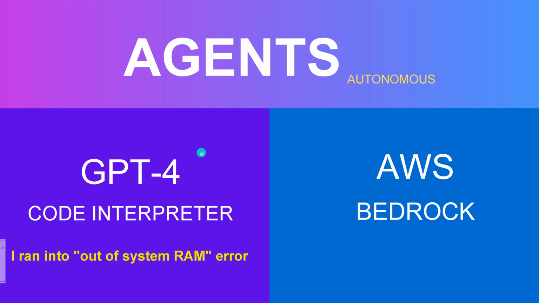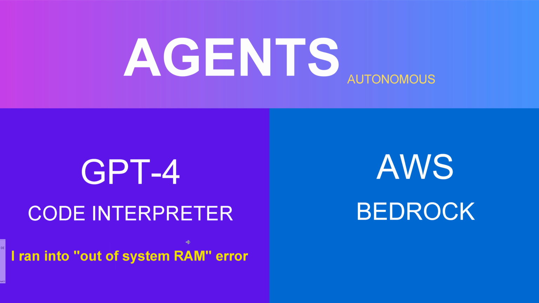So it is not that GPT-4 fails. It is not that the code interpreter fails. It generates the code. But the code execution, there's only, I don't know what, limited amount of Python environment code execution engine with a certain amount of RAM.